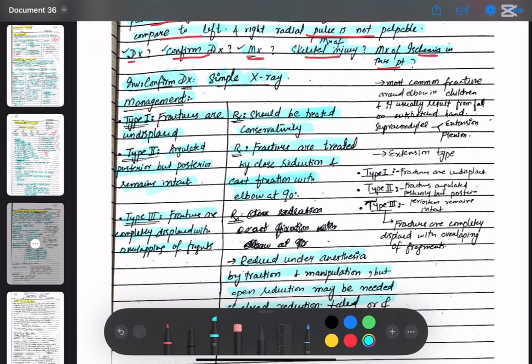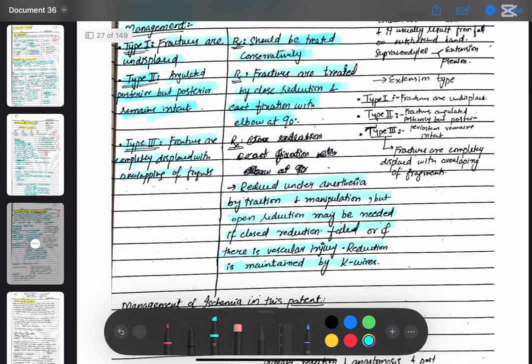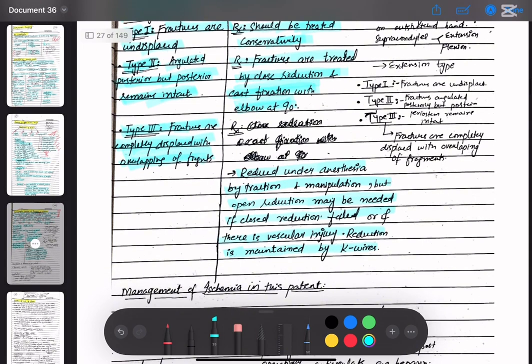If it is type 2 fracture, that is angulated posteriorly but posterior cortex remains intact, then it is treated by closed reduction and cast fixation with elbow at 90 degrees. If it is type 3 fracture, that is completely displaced with overlapping of fragments, then reduce under anesthesia by traction and manipulation, but open reduction may be needed if closed reduction failed, or if there is vascular injury, and reduction is maintained by K-wires.